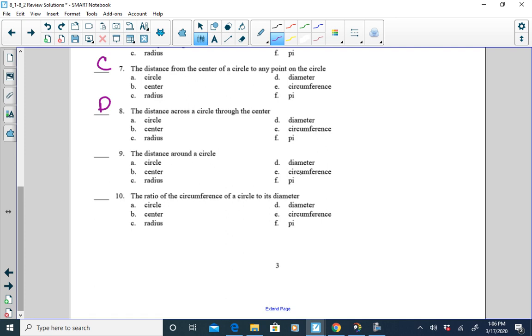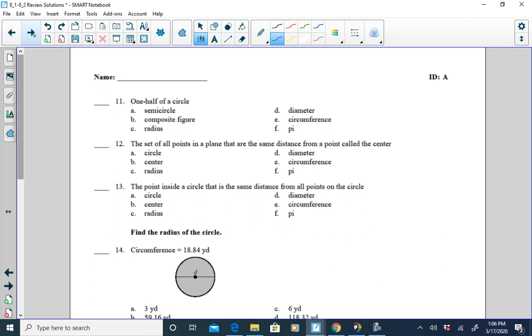The distance around the circle, we call that circumference, that's going to be E. The ratio of the circumference of a circle to its diameter, that's pi, letter F. One half of a circle is answer A, a semicircle.